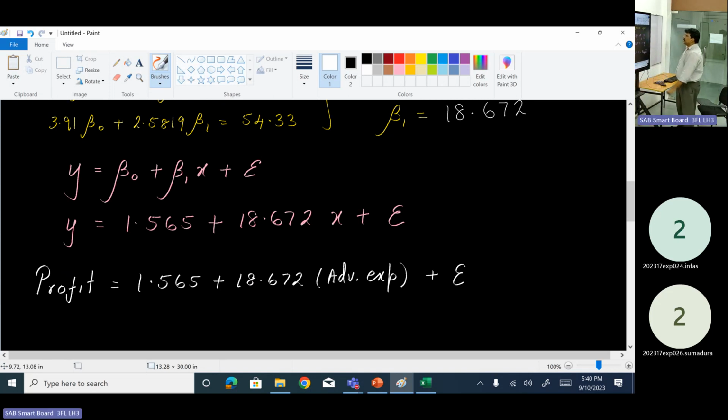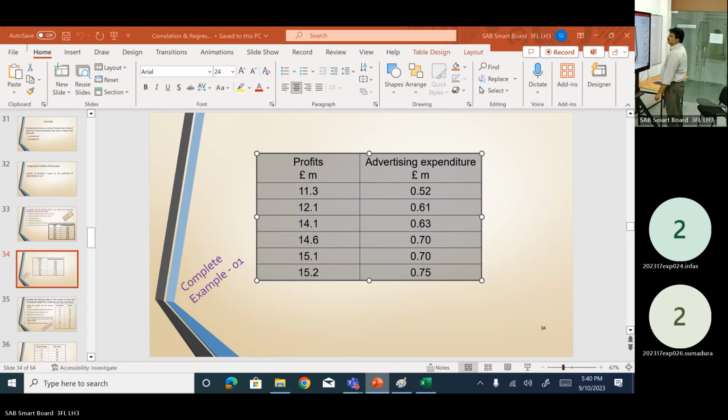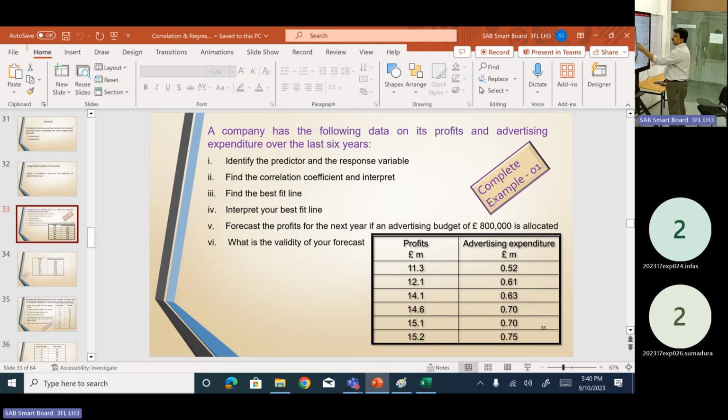Right. So third part, they are asking us just to develop the model. The fourth part, interpret the model. Third part, find the best fit line, right? Fourth part, interpret the best fit line.